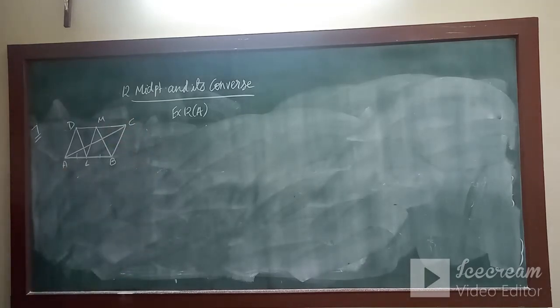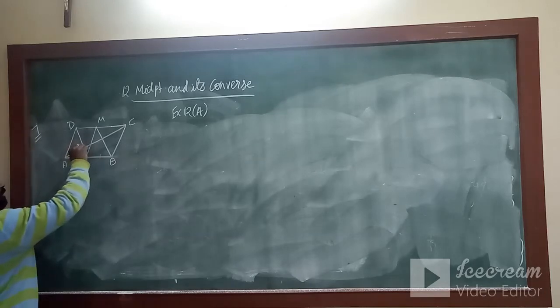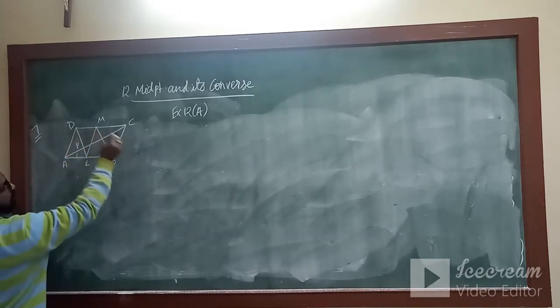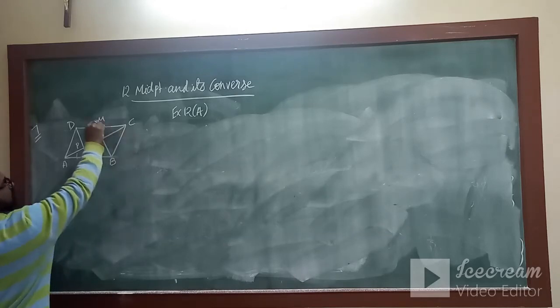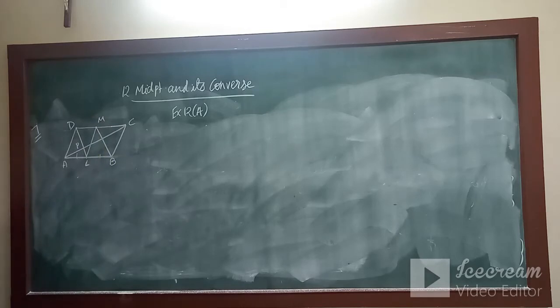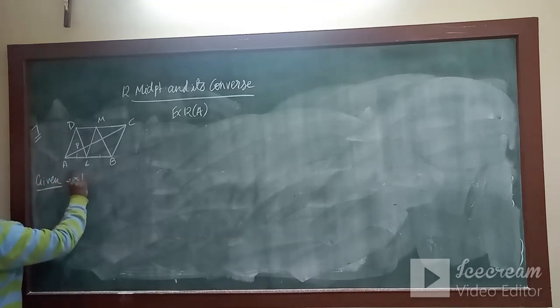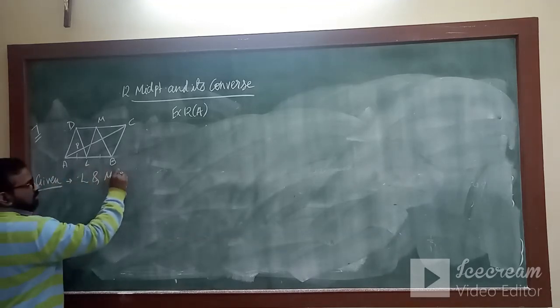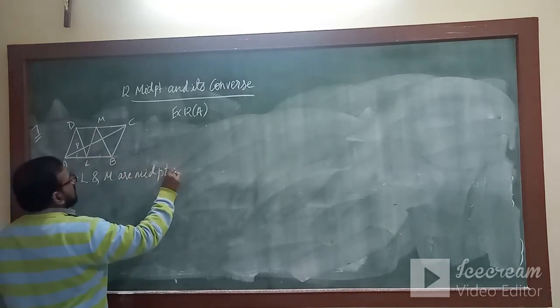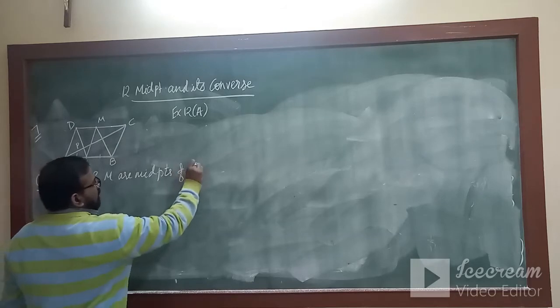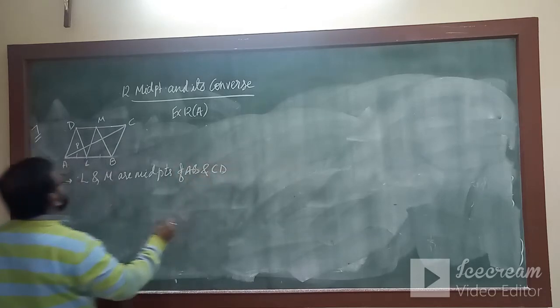So what we have to prove? Let this point be P and this point Q. First let's see what is given. Given is L and M are midpoints of AB and CD.